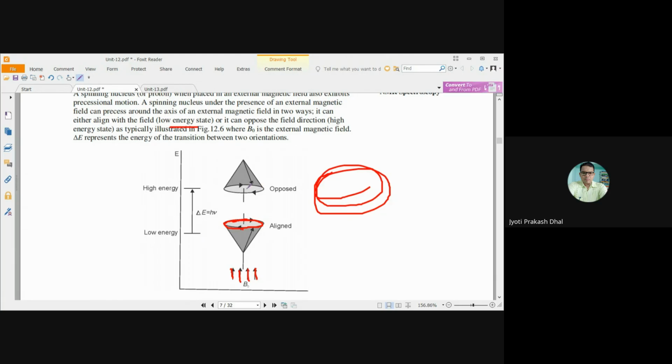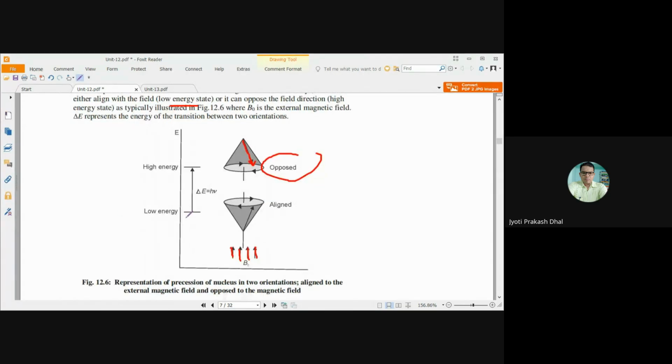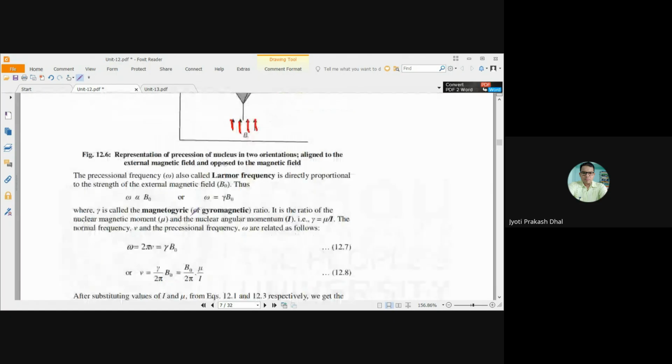And here, the proton will precess around the axis of the external magnetic field, but if it precesses around its own axis in the anti-clockwise direction, then that is called opposed and has higher energy. The energy difference between the low energy and high energy states equals h nu.